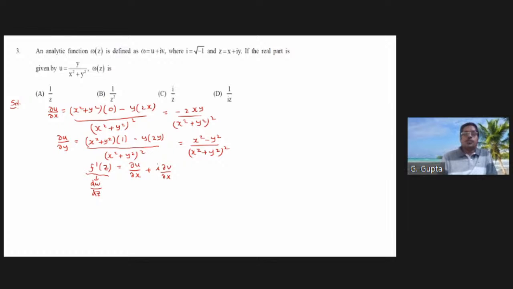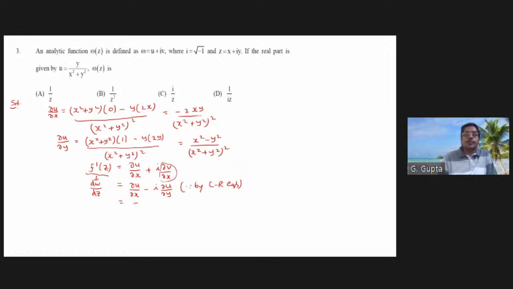So u is given, we don't know v, that's why you can't find ∂v/∂x. Take the help of the CR equation: ∂u/∂x minus i times ∂u/∂y, by using the Cauchy-Riemann equations.